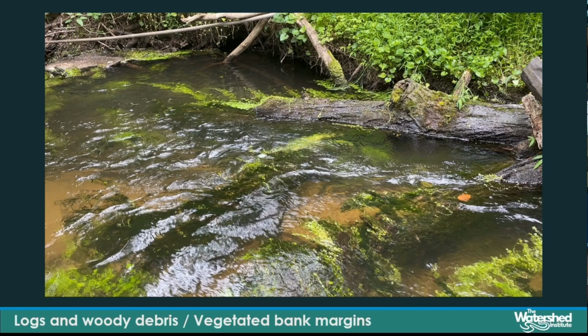The logs and woody debris are also a really great place. This is a look at those snags. You can see it's the small bits of twigs that have just been blocked by this bit of log. We get a lot of calls from people when they see things like this, when they see logs jammed in a stream, and they'll say, how do we get this out of here? We need to clear the flow. And I say, no, don't do it, because we love to see the diversity.